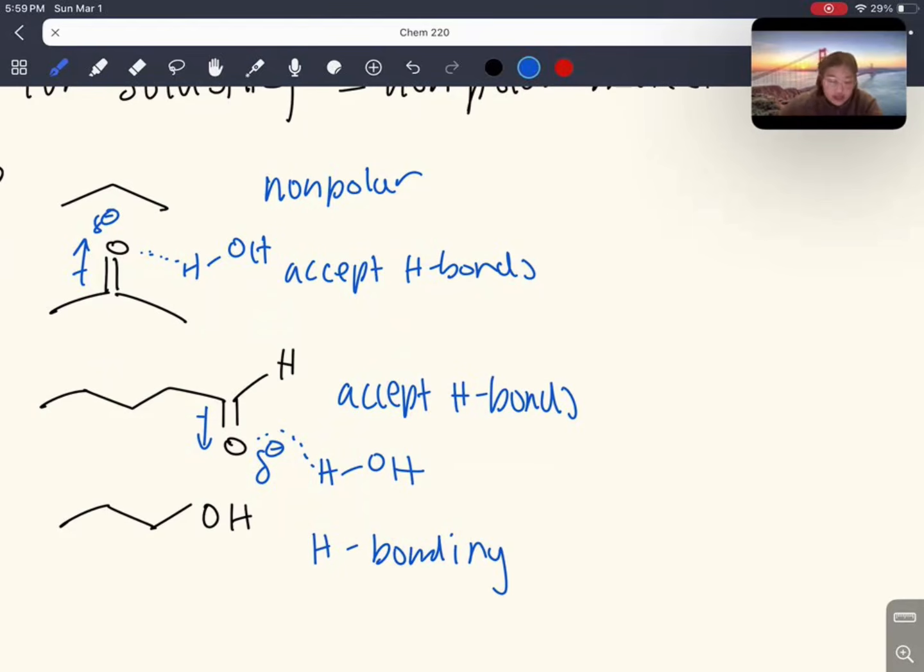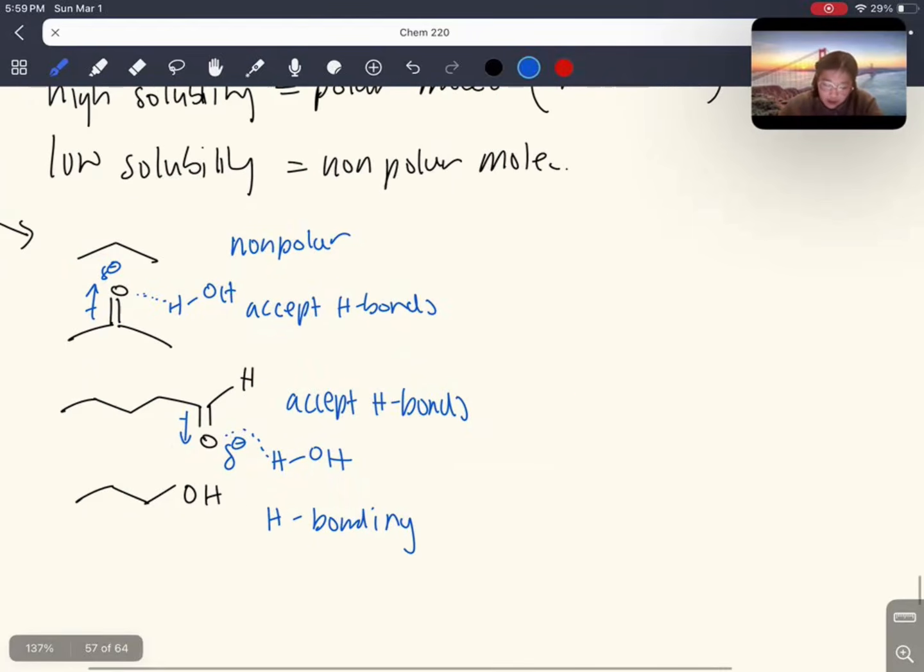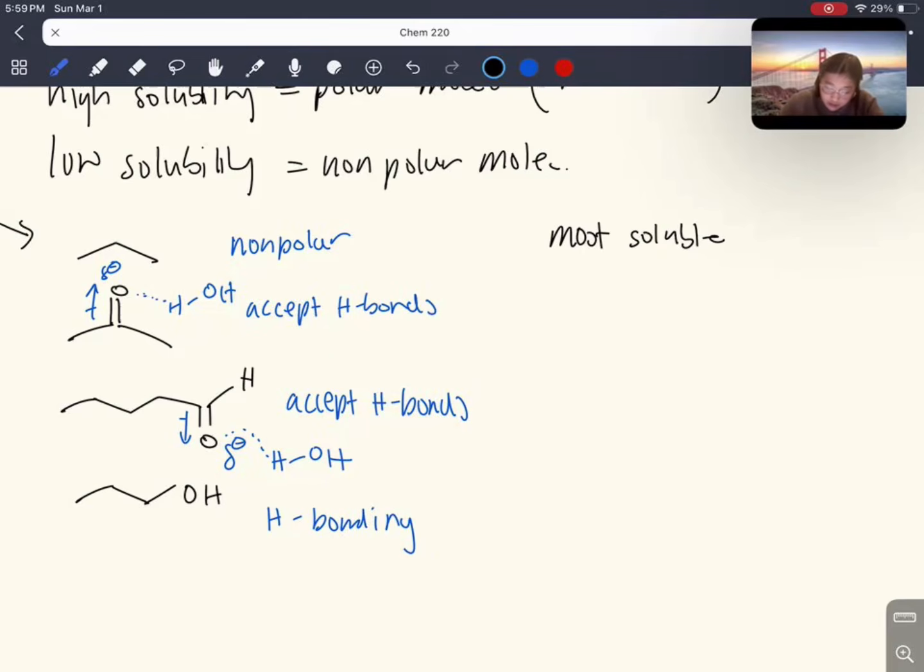And so therefore, if we rank from most soluble to least, propanol would be the most soluble, and the least would be propane because it's nonpolar.